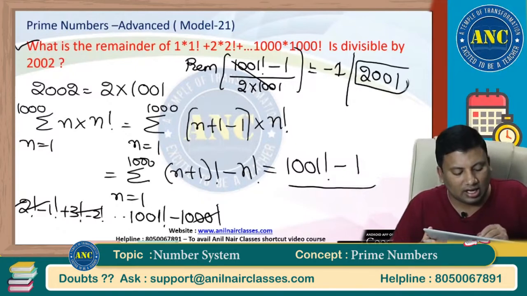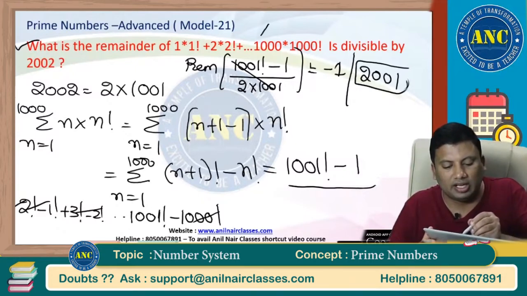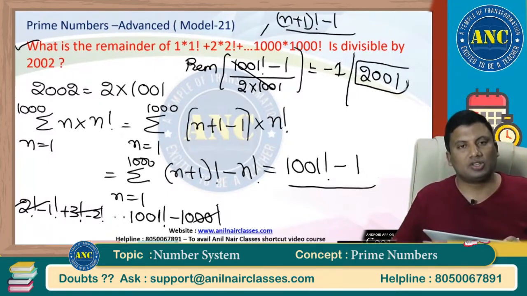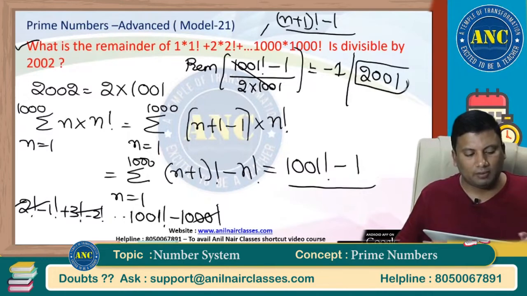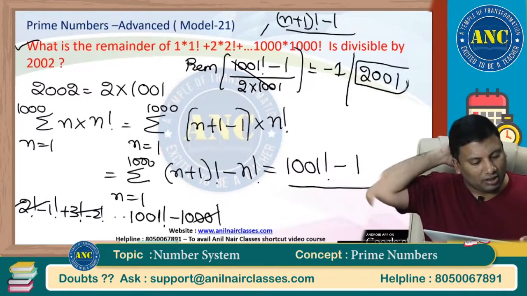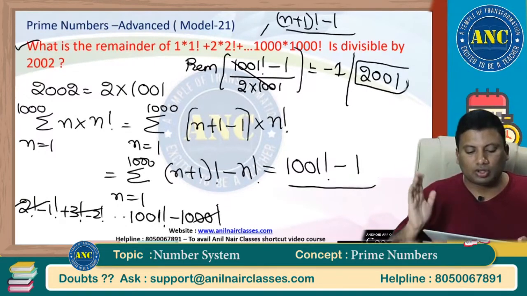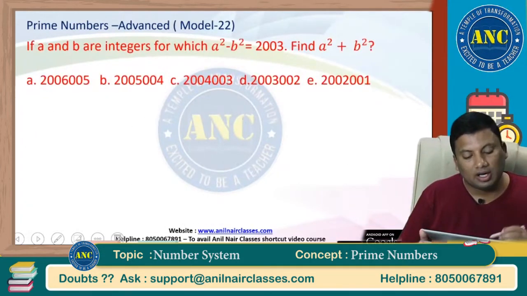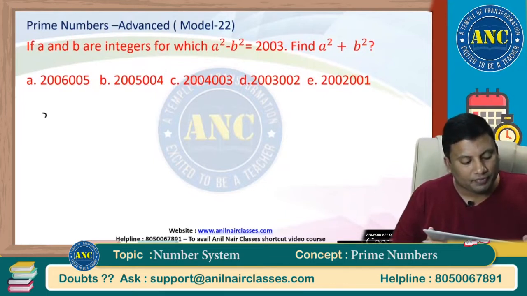Writing this expression as n plus 1 factorial minus 1, that is 1001 factorial minus 1 divided by 2 into 1001; since 1001 factorial contains 2 and 1001, the negative remainder is minus 1 and the positive remainder is 2001. Idea clear?